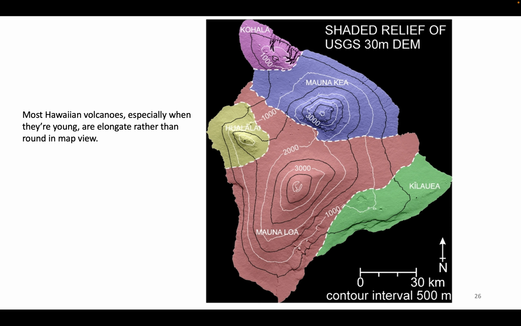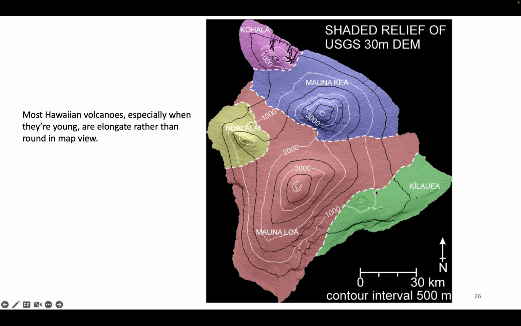Again, due to the high fluidity of shield volcanoes, most Hawaiian volcanoes, especially when they're young, are elongate rather than round in map view. So you can see here is Mauna Kea, one of the tallest volcanoes in the world. Here is Mauna Loa, one of the largest volcanoes in the world.